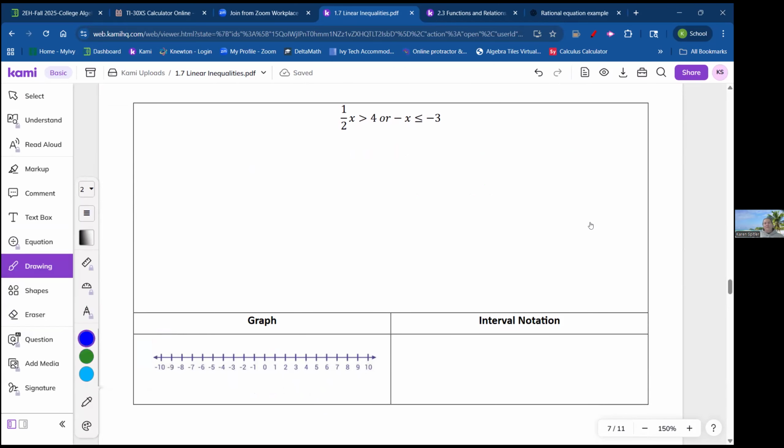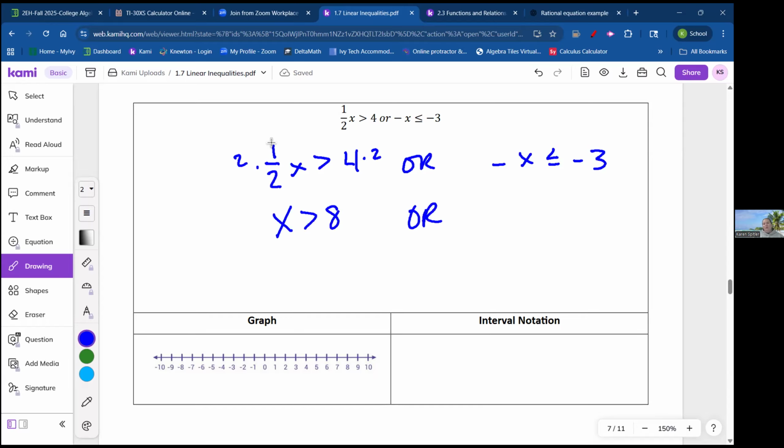So most of you probably solved the inequality and you're like, what is going on with this? Okay, this is something that can happen. So we're going to multiply by 2 here to get rid of that fraction. X is greater than 8. Or we're going to divide by -1.